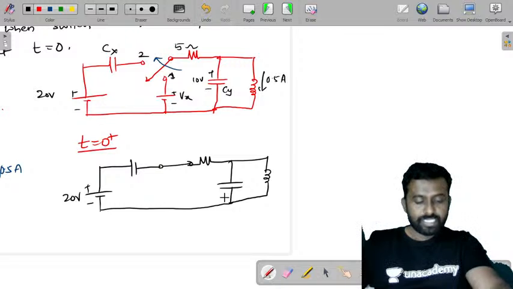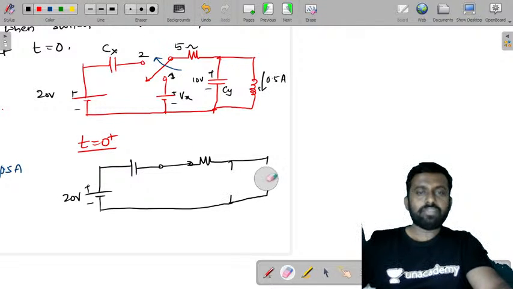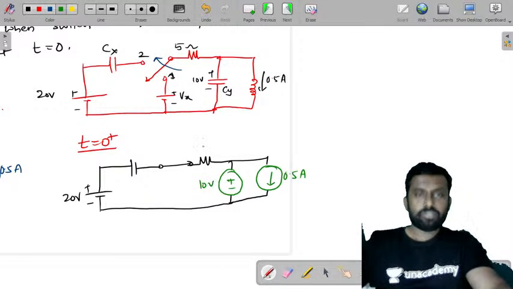Even at t0 plus, the same thing happens: the capacitor will act as a voltage source and the inductor will act as a current source. This is 0.5 amperes and this is 10 volts, and this would be 5 ohms. This capacitance is Cx, and this switch is at 2 position.